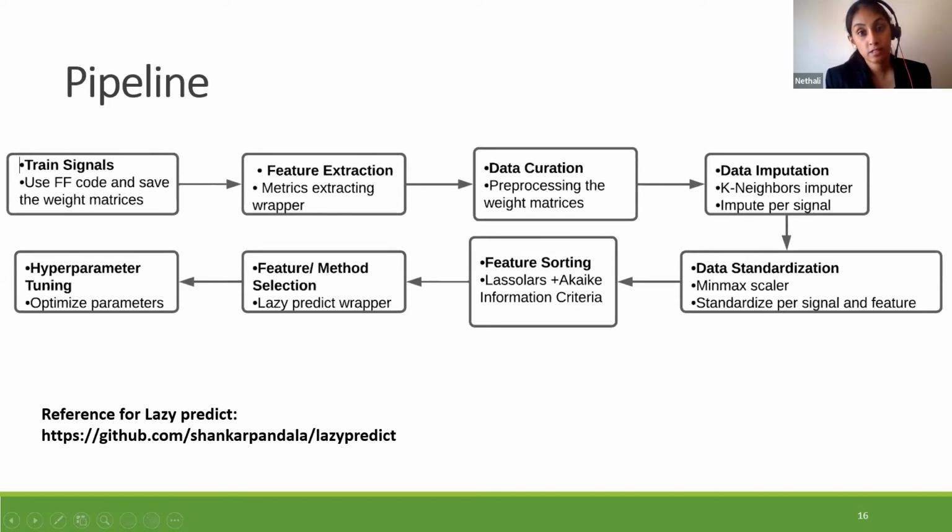And then at the data curation stage, we pre-process the weight matrices. So in here, like I said earlier, if we see that a particular column is not changing at all, the whole column has the same number, then there's no point of having it as a feature. We remove that.